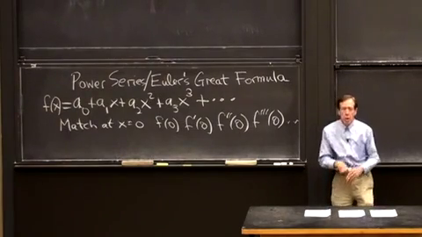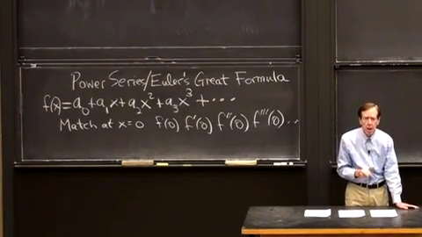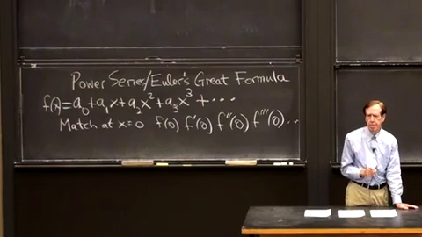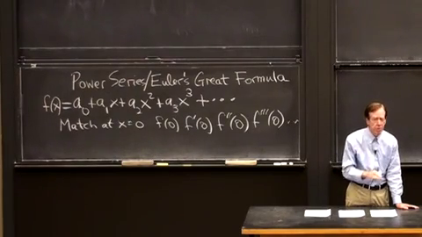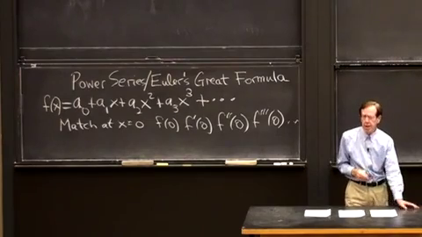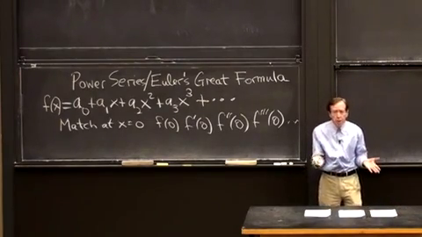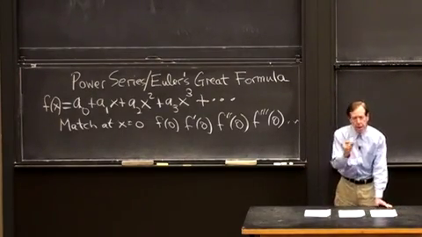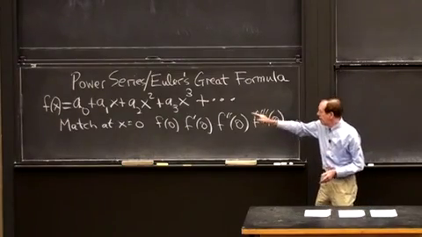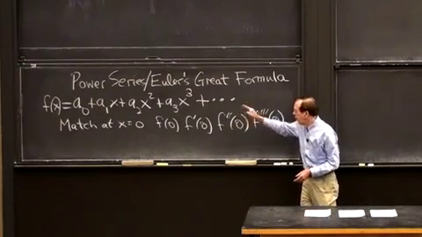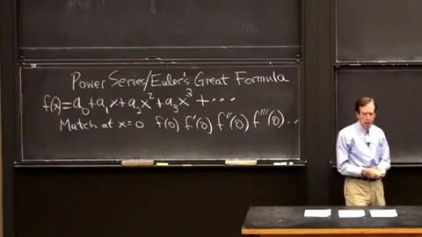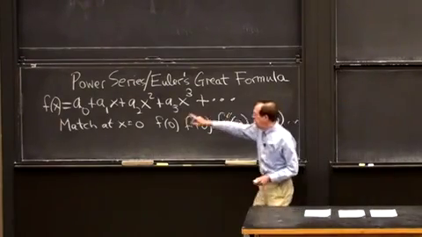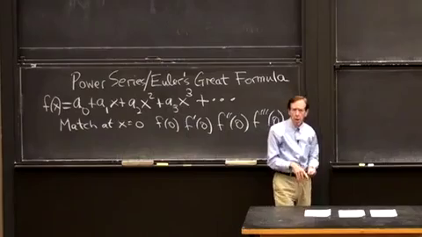Okay, so in the case of e to the x, all its derivatives were the same, still e to the x, and they all equal 1 at x equals 0. So I want that function to give me 1 for every derivative.